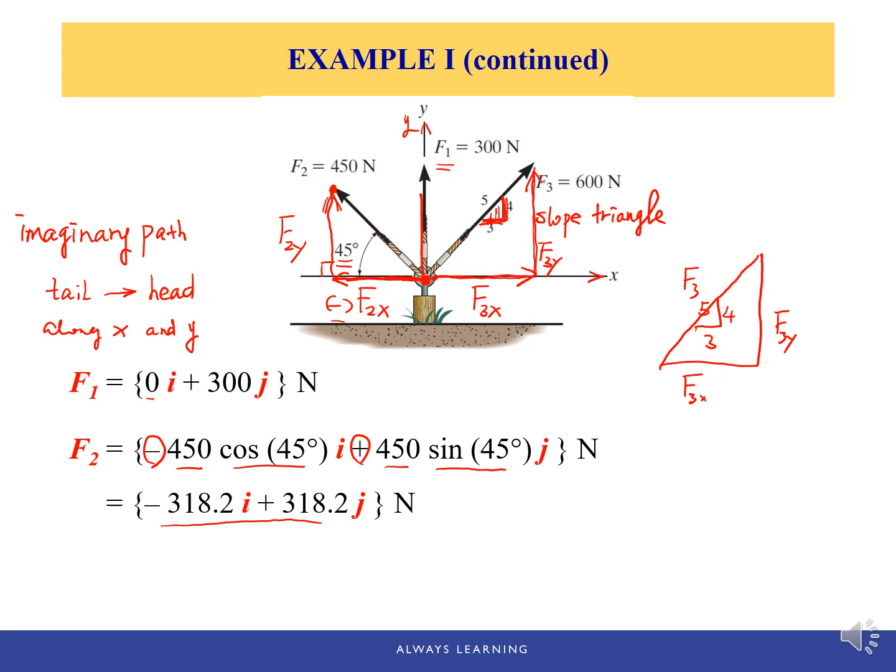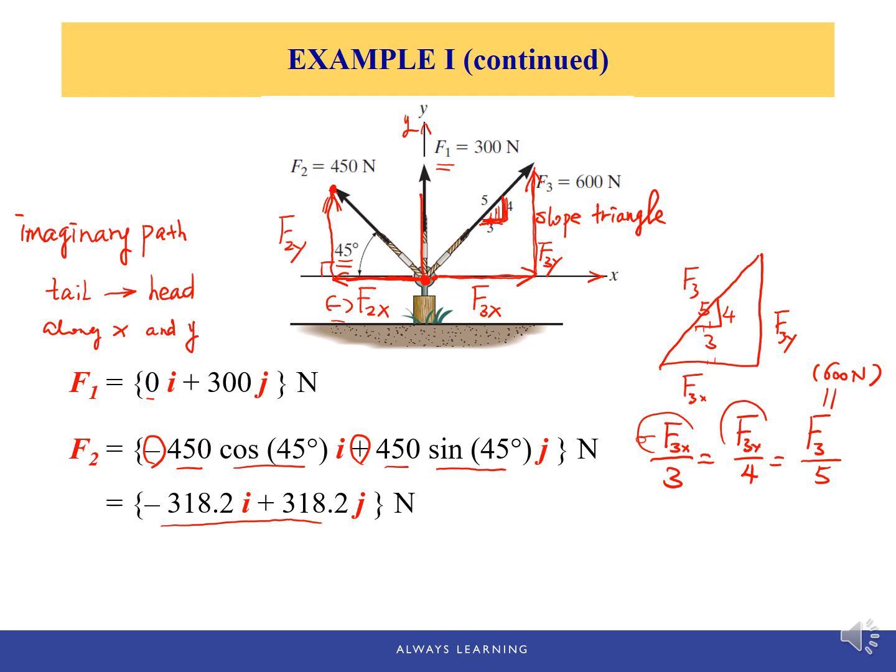Which means the corresponding sizes of those two triangles are proportional. So we can write down F3x over 3 equals F3y over 4 equals F3 over 5, where we already know F3 is 600 Newton. And with 600 Newton, we can solve F3x and F3y.